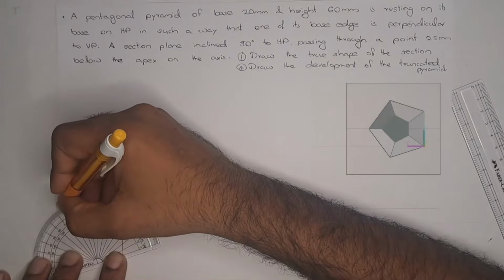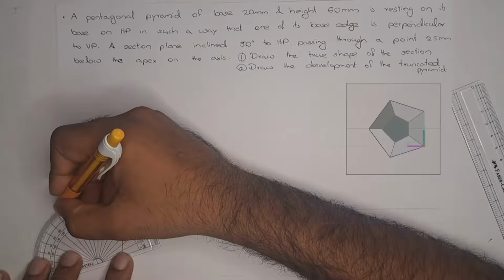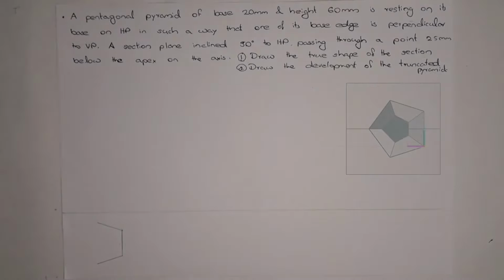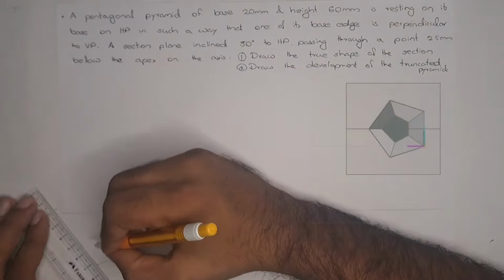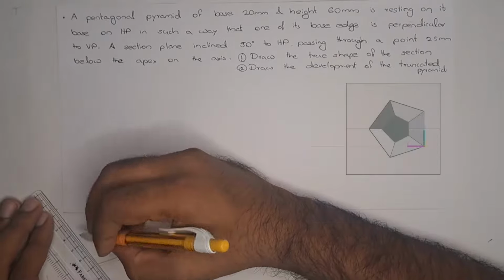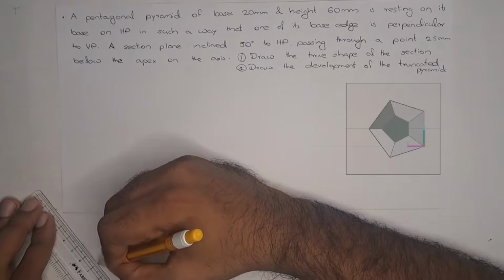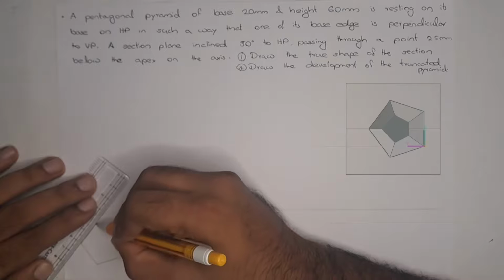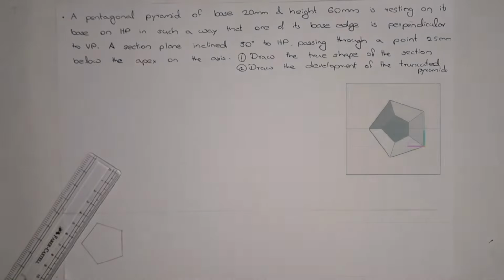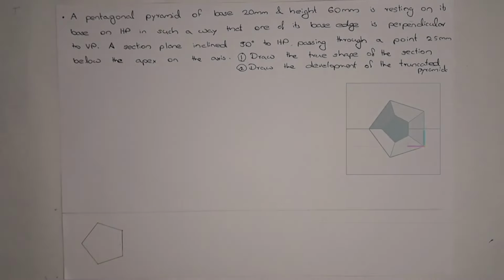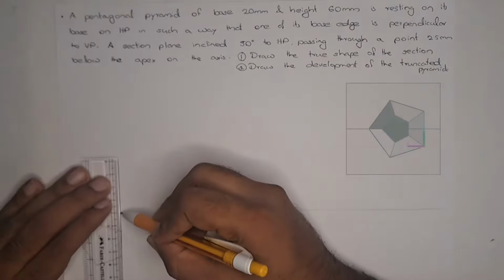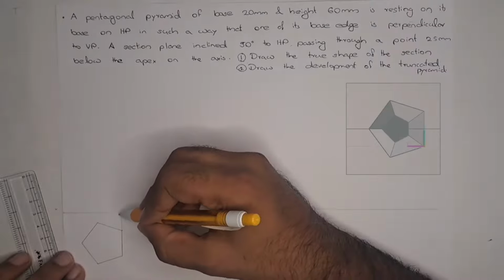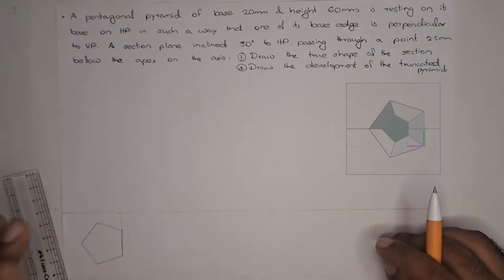And we need to take 108 again. So we complete the pentagon and one edge here is perpendicular to VP.